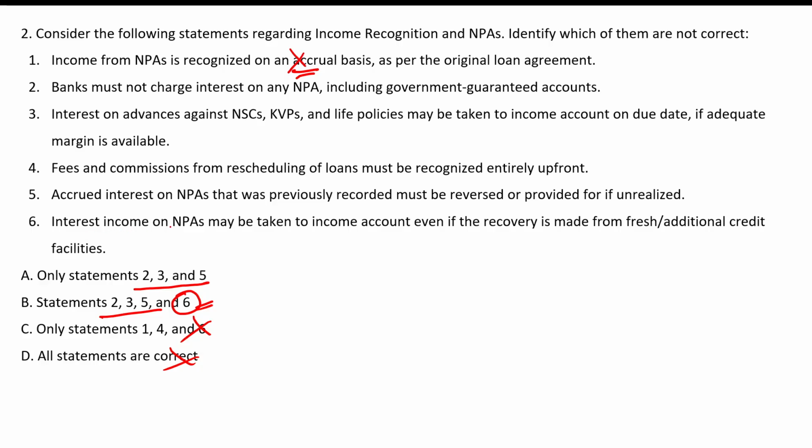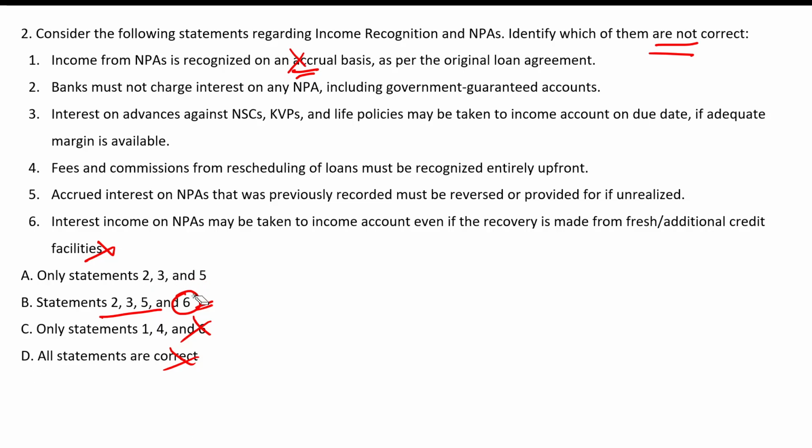Interest income on NPAs may be taken to income account even if recovery is made from fresh or additional credit facility. So, interest realized from NPA is taken to income only if it is not sourced from fresh or additional credit facilities, and hence statement number 6 is not correct, making, okay, it is asking for not correct statements.